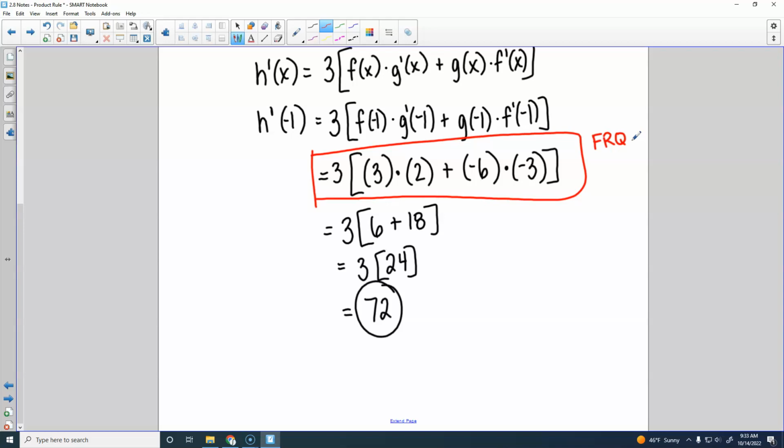I mean, you guys are the elite. Not everyone makes it here. We still make some mistakes pretty often. I messed up on the last one and had 28 instead of 18. So it is perfectly fine on FRQs to stop here. But you also need to be able to simplify it because not all of the questions are FRQs.